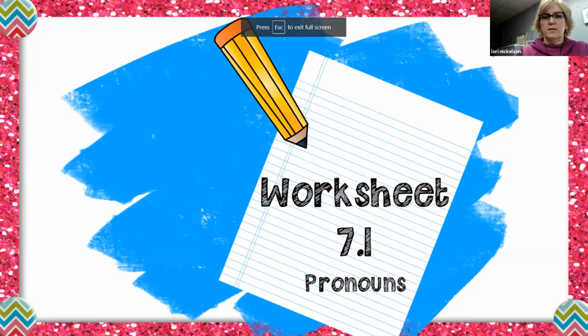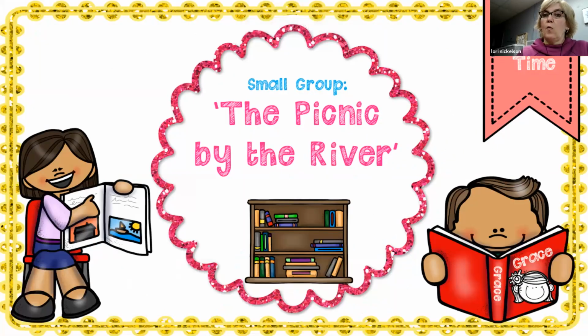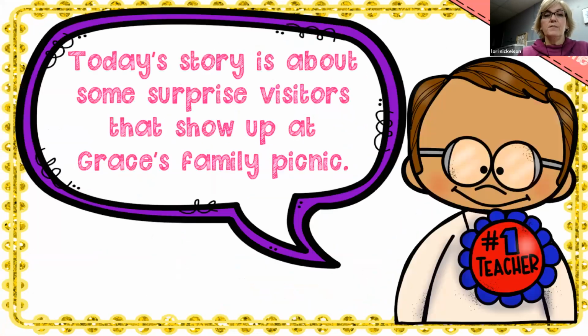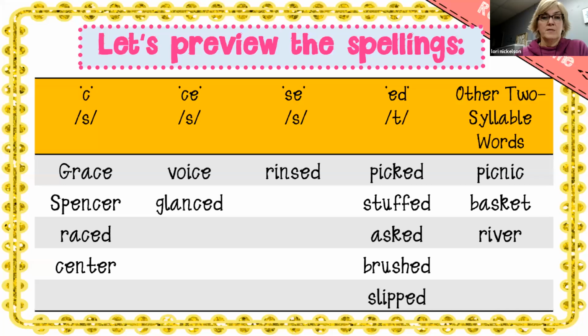All right, so today we're going to look at a new story, The Picnic by the River. Today's story is about some surprise visitors that show up at Grace's family picnic. So let's preview some spelling. We have the S sound with a C: Grace, Spencer, raced, and center.